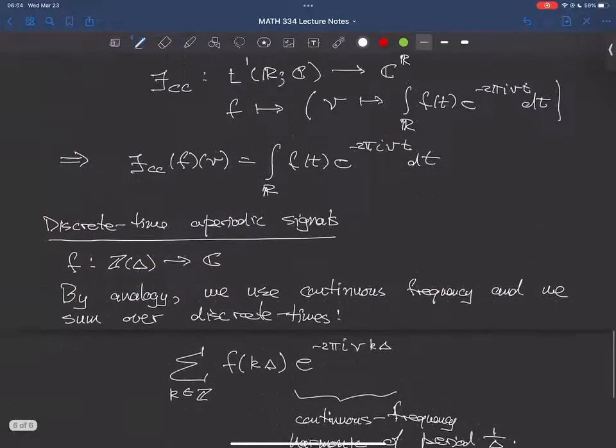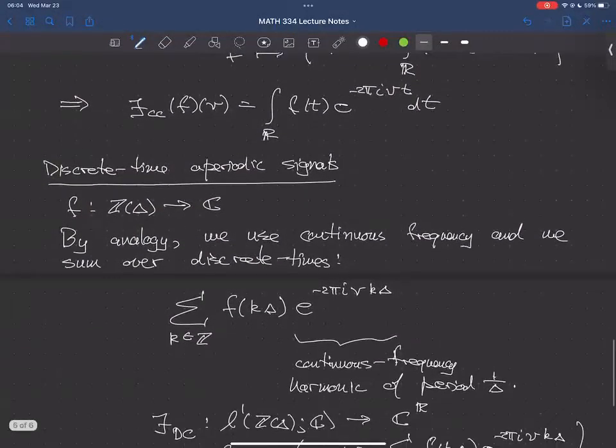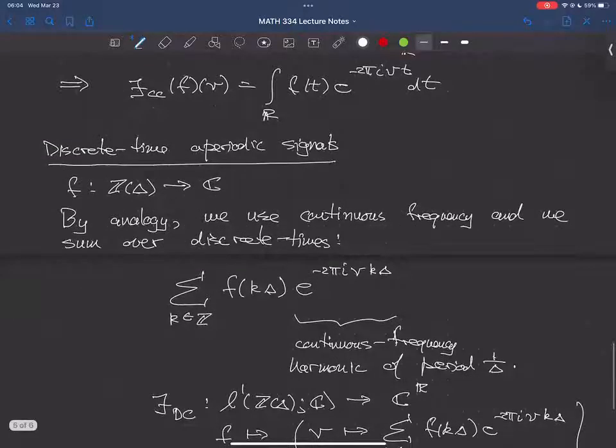This is the first time we've had a discrete transform, and so there's a summation, and one of the rules is that whenever you have a sum, we're going to put the sample interval out front of the sum. And the sample interval here is delta.